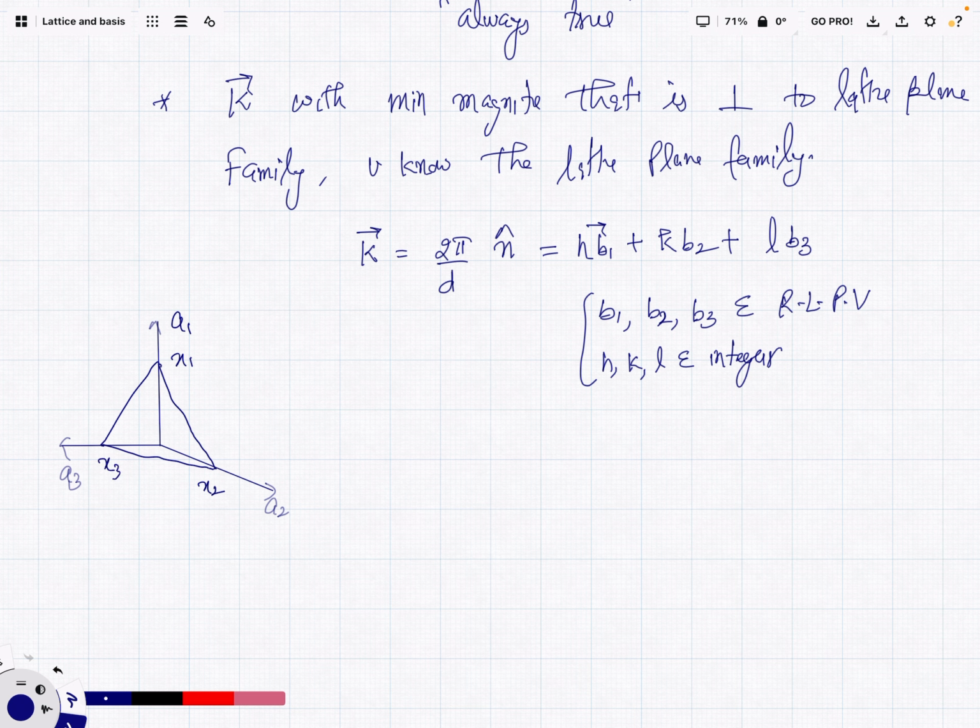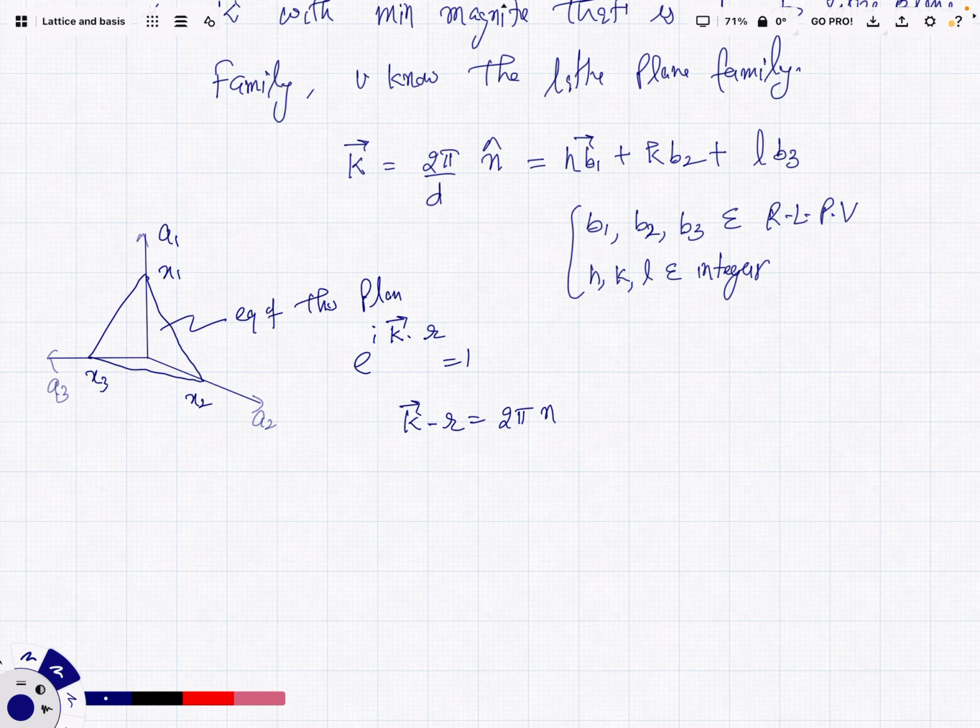So what is the equation of this plane? The equation of the plane is capital K dot R is equal to 2 pi into n. If it cuts at the x1 location, this equation shall be true.